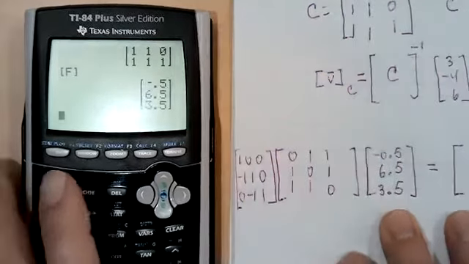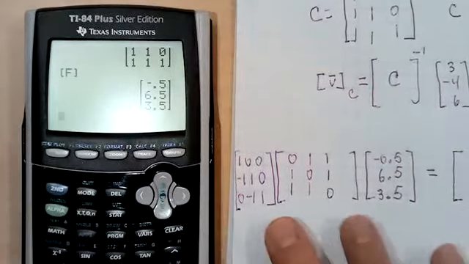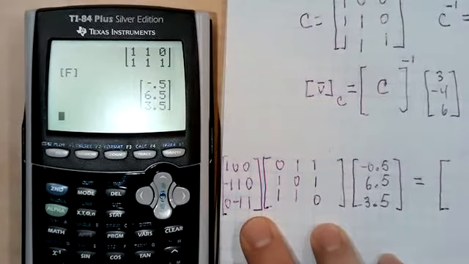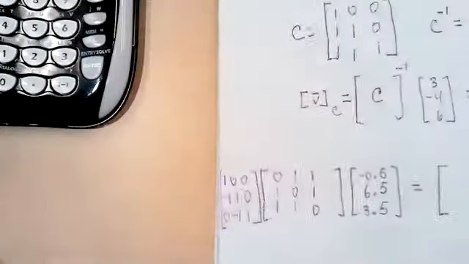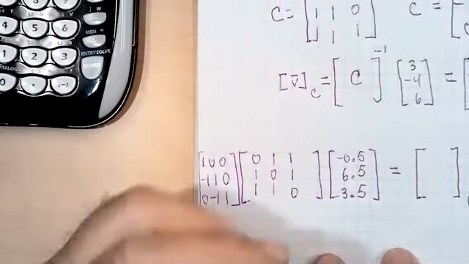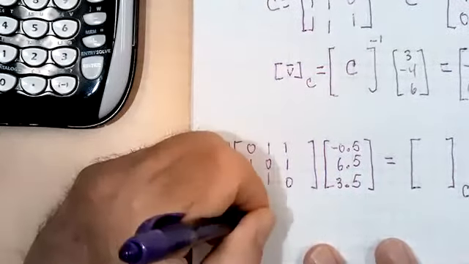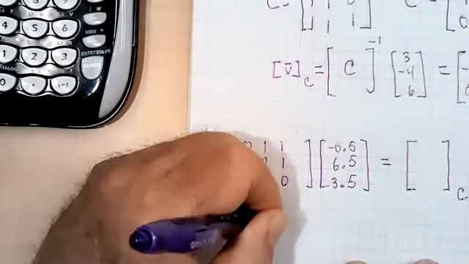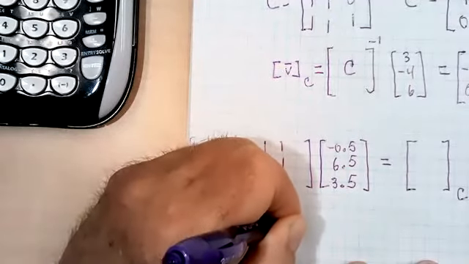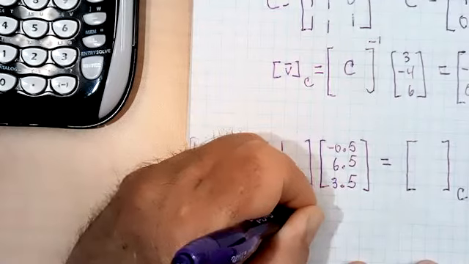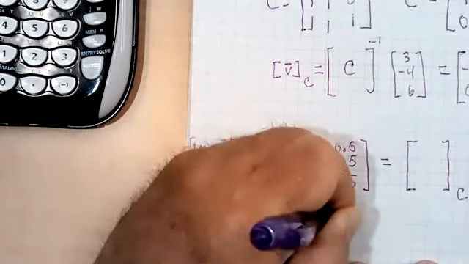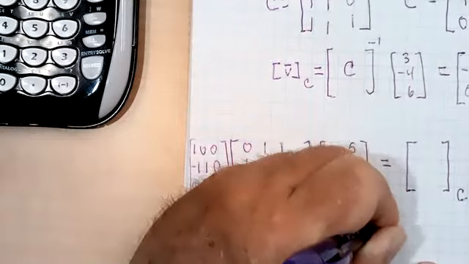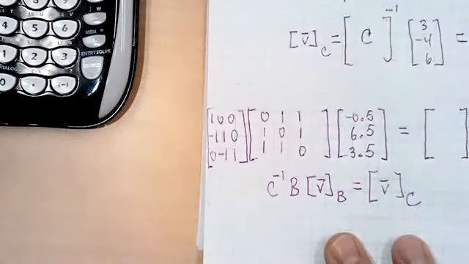Okay, so it says you start with the C inverse matrix. Let's write this in symbols. When you're writing it down, it'll be on the leftmost, the C inverse matrix, then the B matrix, then the coordinate matrix in B, and this is supposed to yield the coordinate matrix in C. So that's what I'm doing.